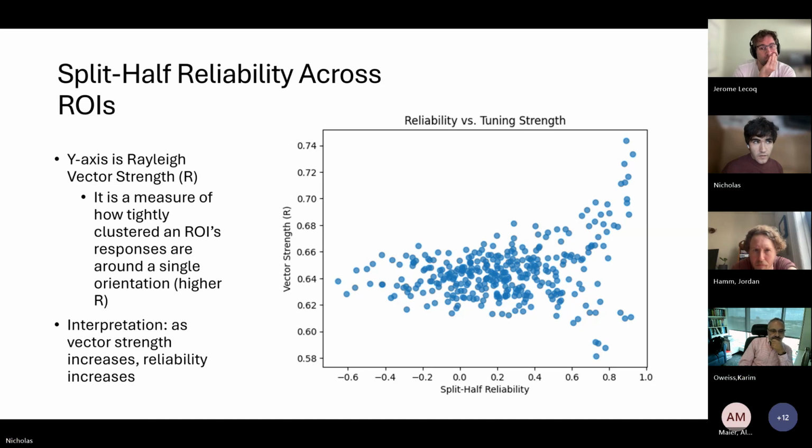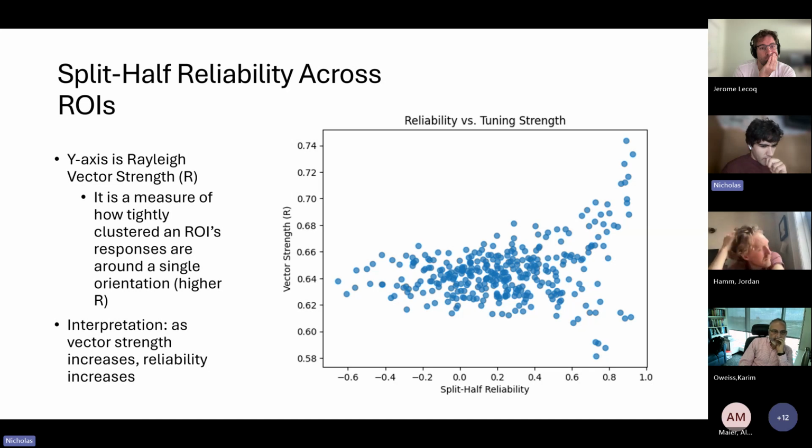So the more reliable tuning the ROI exhibits, it also tends to be more tightly clustered around a single orientation. But this is not looking at the difference within individual ROIs, which I think would be a very interesting follow-up.